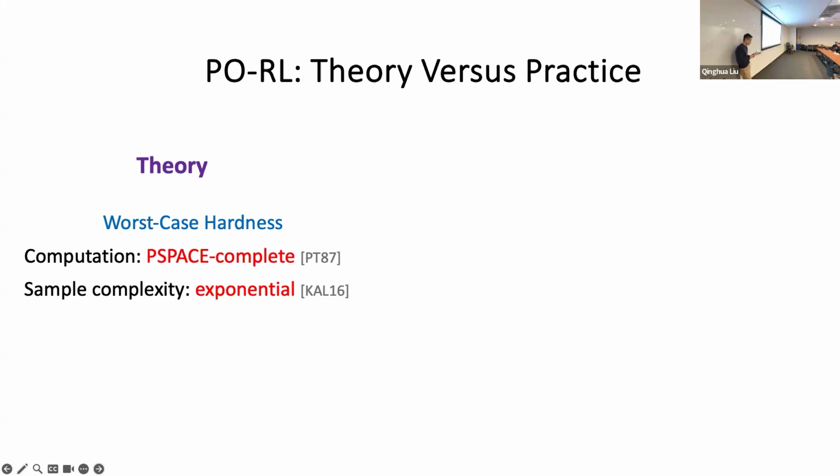And even if I allow you to use an infinite amount of computation, solving a partially observable task with an unknown model requires exponentially many samples in the worst case. These are all worst case hardness results for partially observable reinforcement learning, and they do not necessarily exist or apply to any of the real problems we are trying to solve.